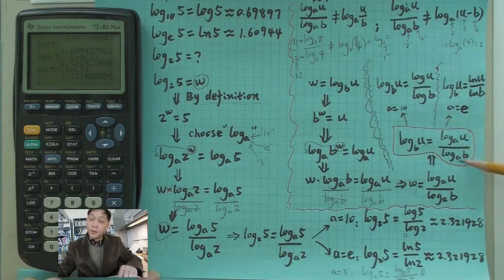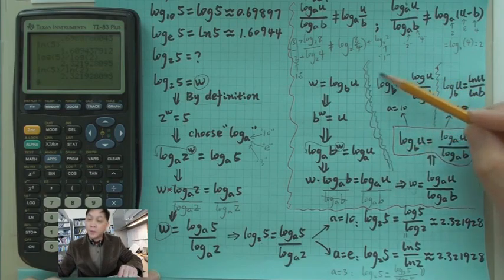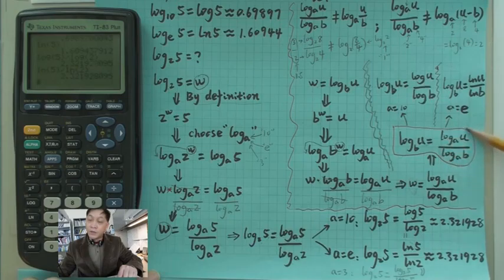If A is 10, you don't need to write it. The left-hand sides are the same; on the right-hand side, if it's 10, you don't need to write it. If A equals e, then log base e is just ln, the natural log, so ln U over ln B.